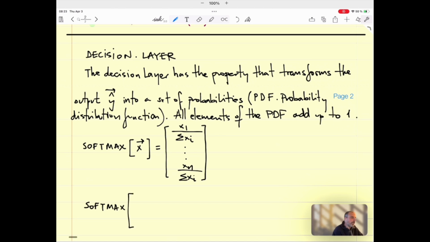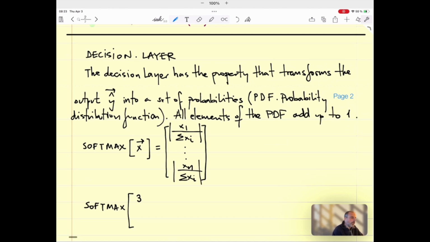Imagine we have a vector given by the elements 3, -7, and 4. I guess we need to say this is the absolute value, okay?